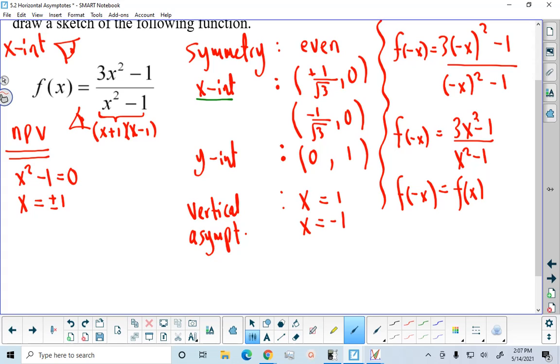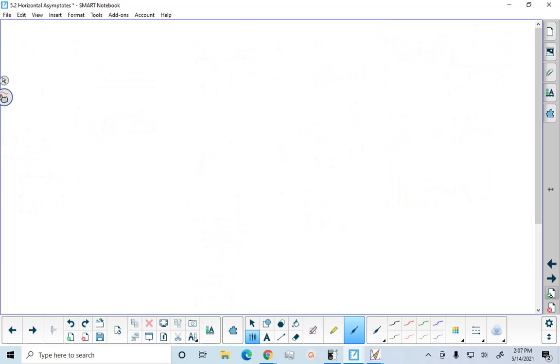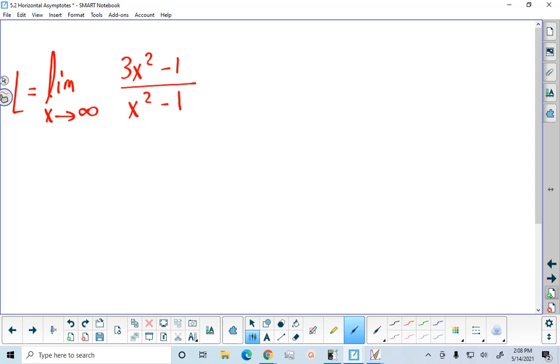Now the horizontal asymptote. We need to find the limit as x approaches infinity of that function. Remember, the location of the horizontal asymptote is the limit as x approaches infinity of the function. Now, I'm actually going to not show you the shortcut here.